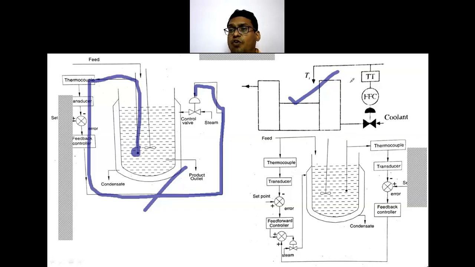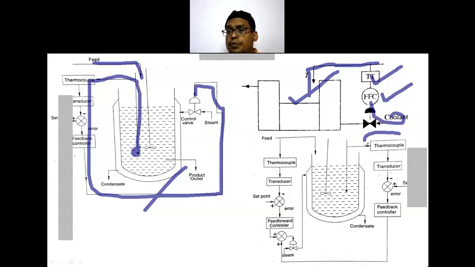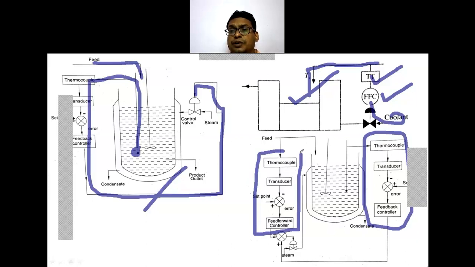And in case of a feed forward control system, whatever fluid is entering, I am measuring its temperature and giving the signal to a controller. Transducer will be there. So it is going to give to the feed forward controller system, and this feed forward controller system is going to a control valve. So this loop is related to the feed backward system, and this loop is related to the feed forward system.